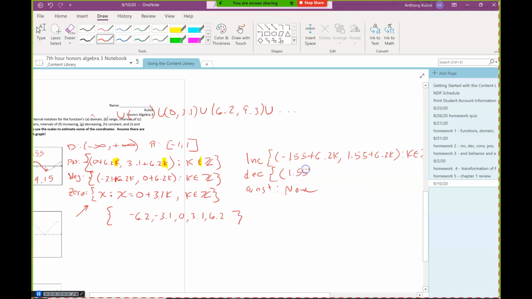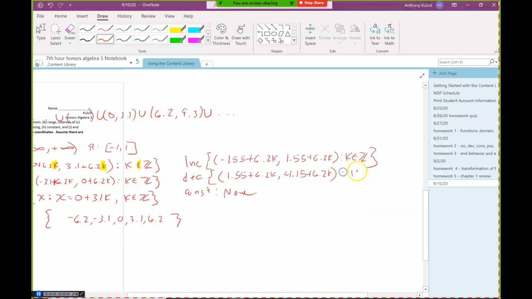So I have 1.55 plus 6.2k and ending at 4.15 plus 6.2k, such that k is an integer. We okay there?